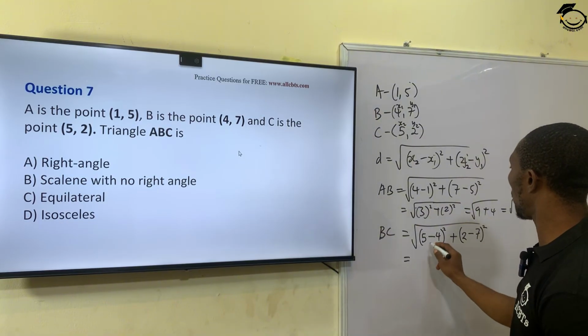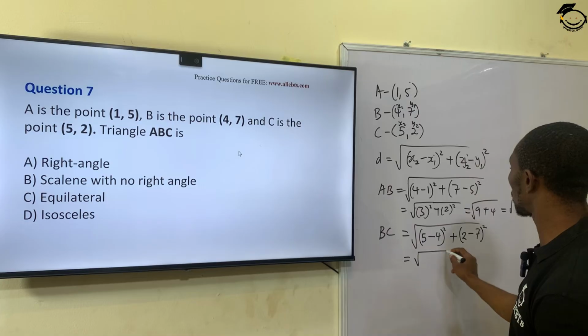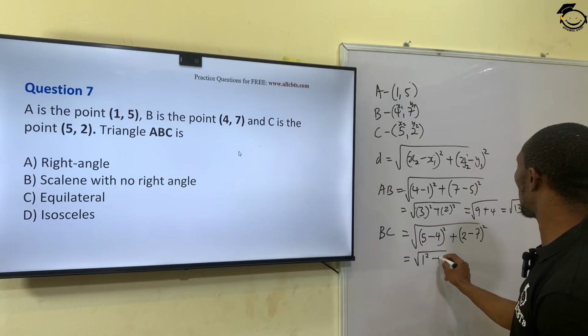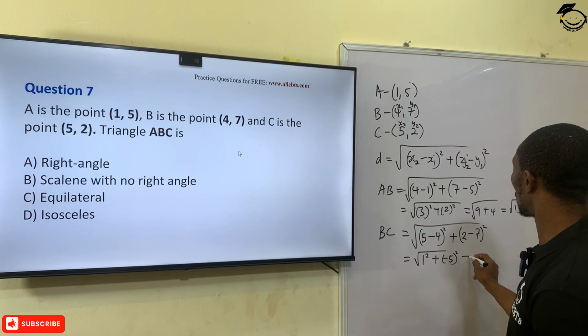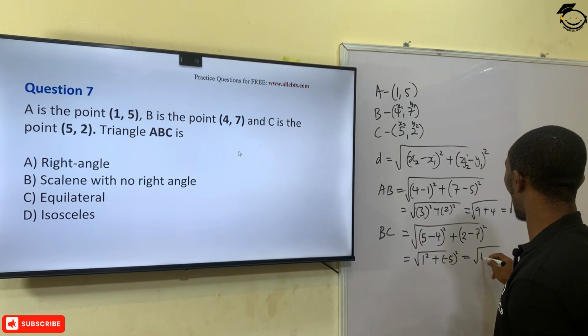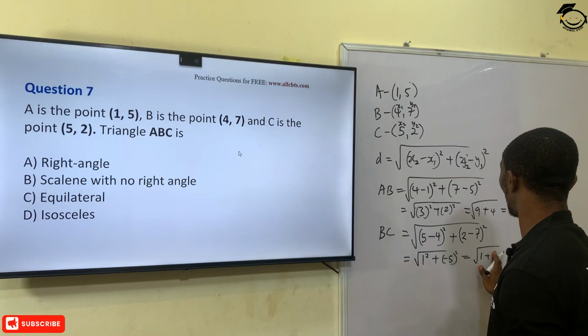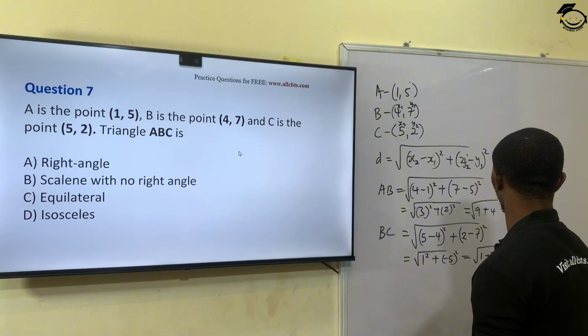So this we would be having as root 1 squared plus minus 5 squared. So this will give us root 1 plus 25, which will give us root 26.